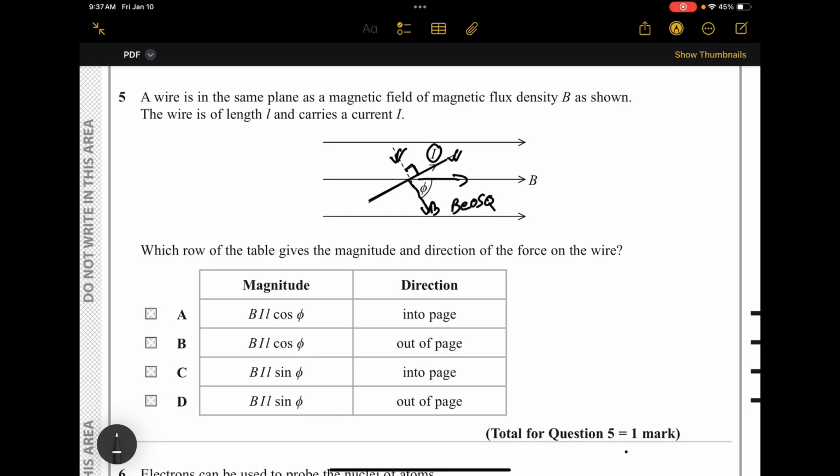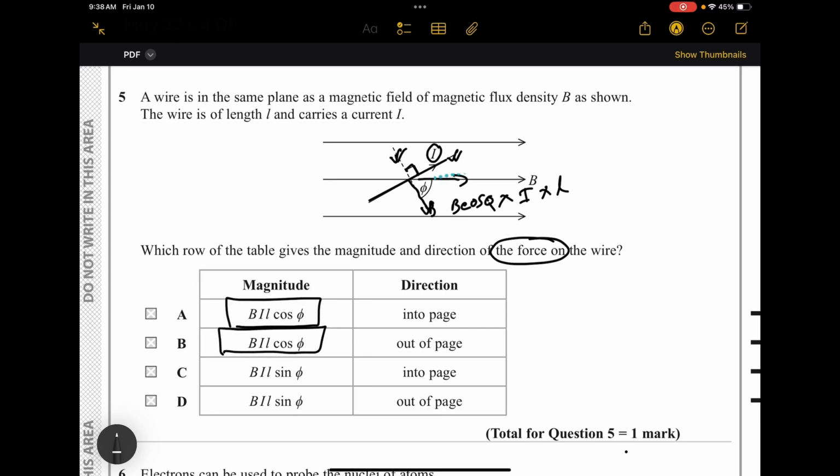We know in order to find the force, we use B cos phi into I into L. So here we have got BIL cos phi, but now we have to figure out whether it is into the page or out of the page.